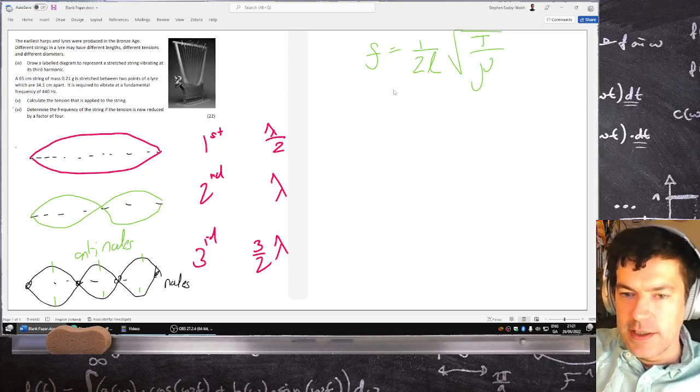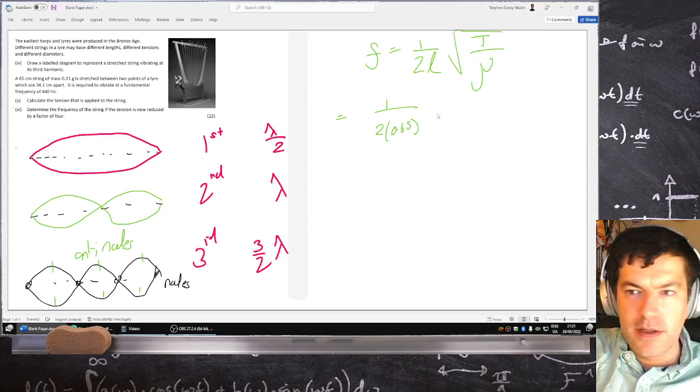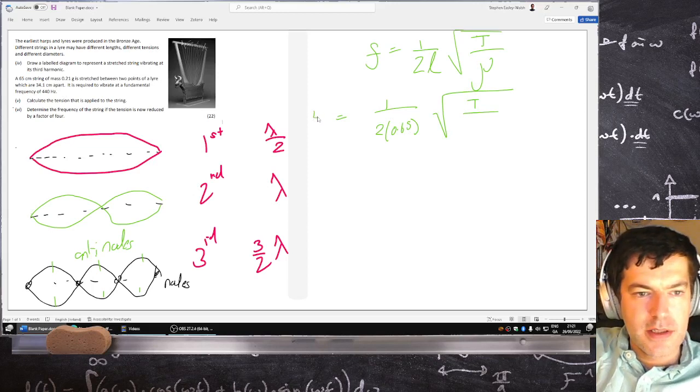So it's 1 over twice the length, which is 0.65, root the tension, which we don't know, and the fundamental frequency is 440. A 65 centimeter string of that mass stretched between 2 points, which are 34.1 centimeters apart.